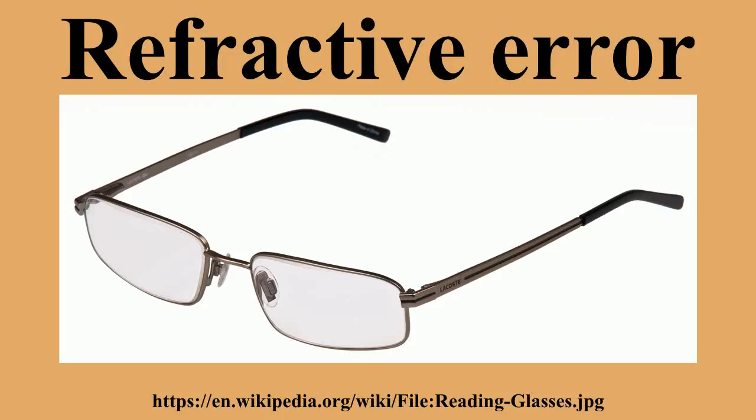The Shack-Hartmann wavefront sensor in its inverse can also be used to characterize eye aberrations at a higher level of resolution and accuracy. Vision defects caused by refractive error can be distinguished from other problems using a pinhole occluder, which will improve vision only in the case of refractive error.